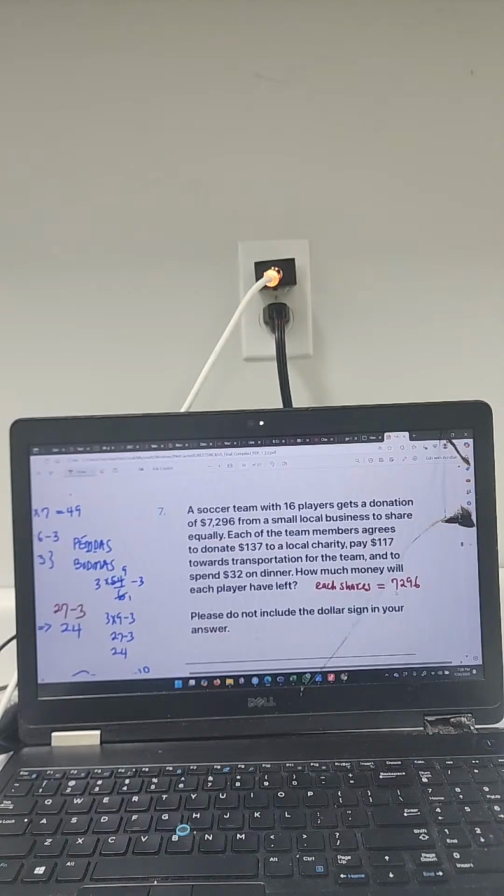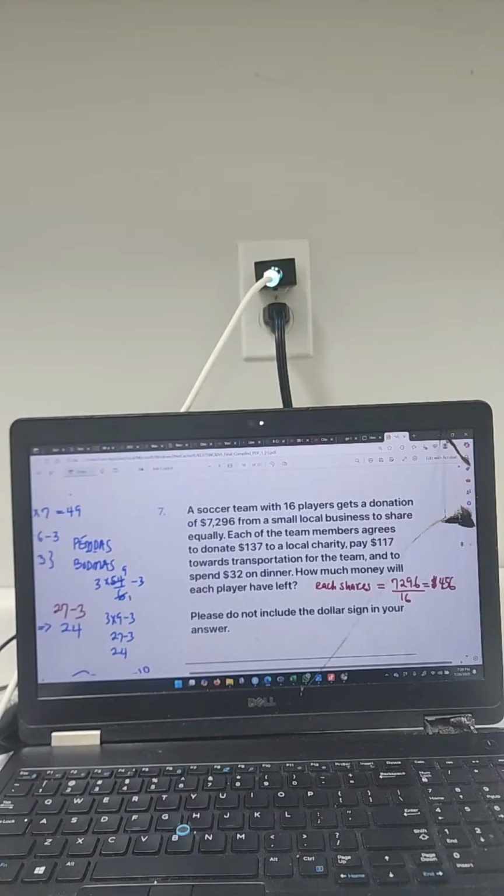It's just 5 each. That is 10 divided by 2. So the same thing here, 7,296 divided by 16. So this is the total money given, and you want to share this between 16 players. So each of the players is going to get $456. So you have to break it down this way.